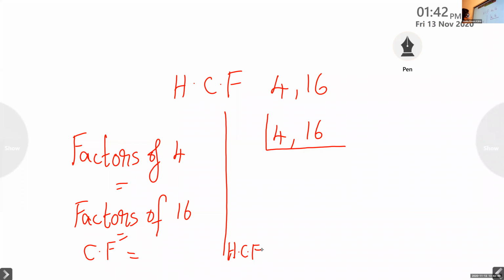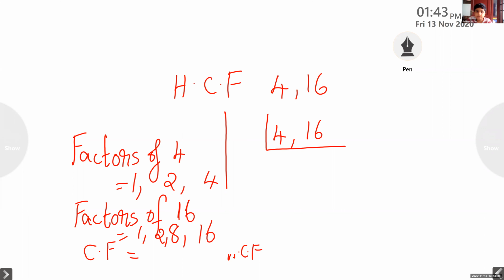So children, how can we write the factors of 4? We will write 1, 2, and 4. What are the factors of 16? 1 into 16, 2 into 8, 4 into 4.